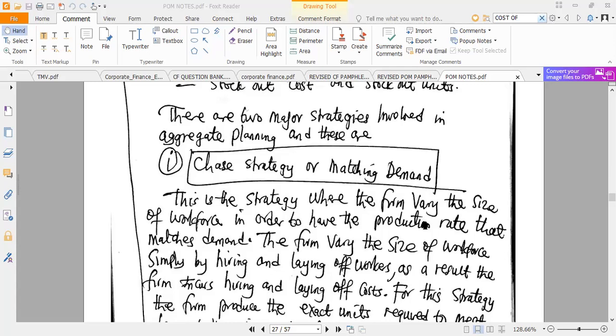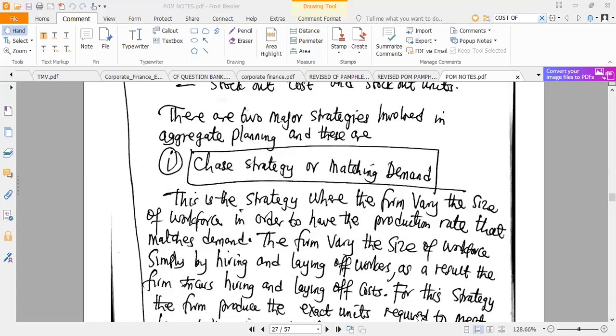As a company, if you don't need workers, for example now that we are in winter season, if you know that the demand for beer is not high, for those working for breweries you can fire some workers, especially casual workers.